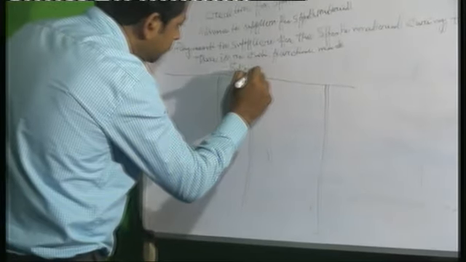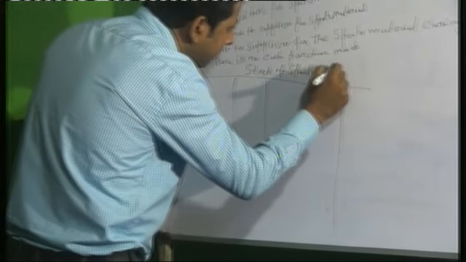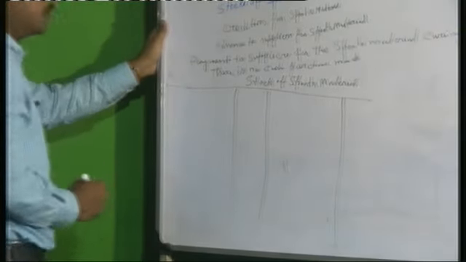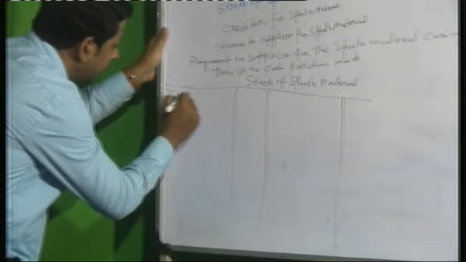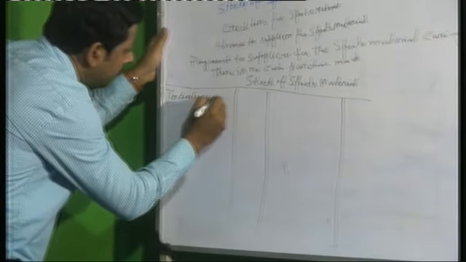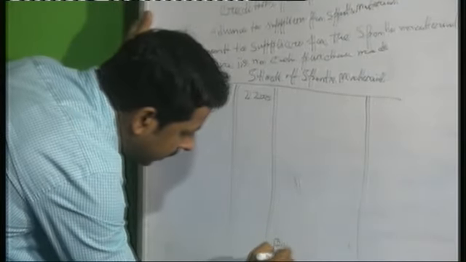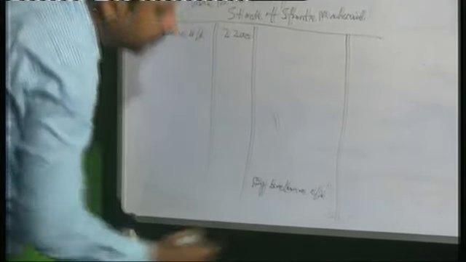Stock of raw material. What is the opening balance? As stock is an asset, the opening balance should be debited. To balance b/d 2,200. By balance c/d 5,800.